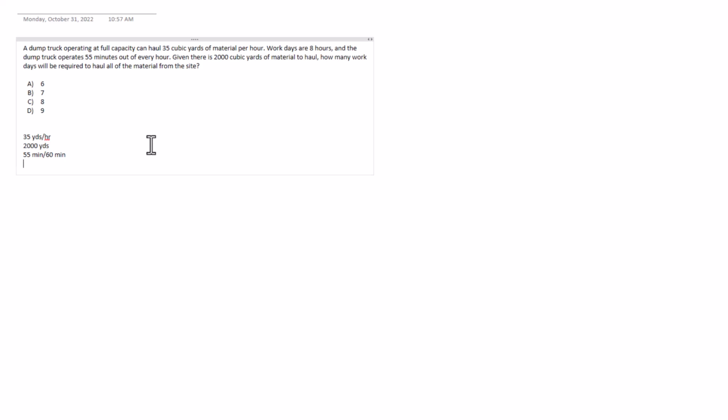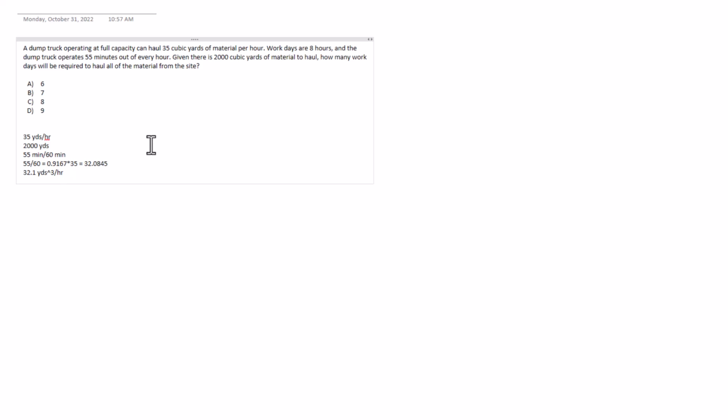So we go 55 divided by 60, that's the percentage, multiplied by 35. So really it can haul, we're going to say, 32.1 cubic yards per hour. That's the number we're going to stick with.